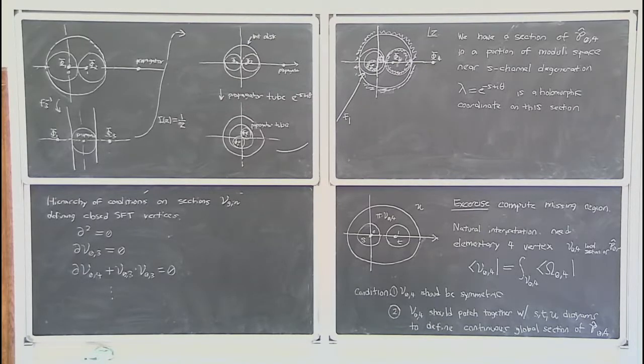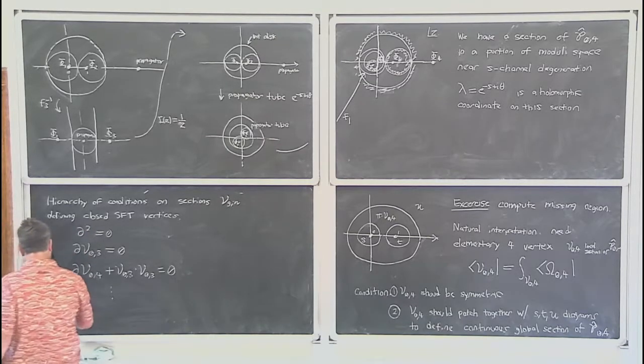These equations contain nothing more than the claim that you need a continuous global section of PGN, okay? You should choose your vertices so that this is the case, and if you choose your vertices, then they will satisfy a hierarchy of equations that look like this, okay?